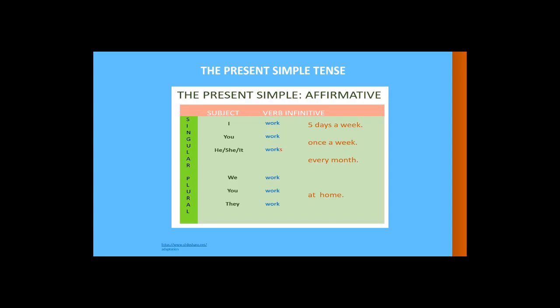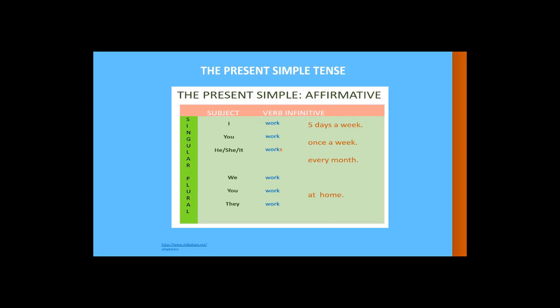It's gone from work to works, with an S at the end. But we're going to go into spelling rules, because it's not always just an S at the end. Sometimes it's an ES and sometimes it's an IES. But we'll have a look at the spelling rules to follow. So remember that if it's third person singular, the verb changes to an S.